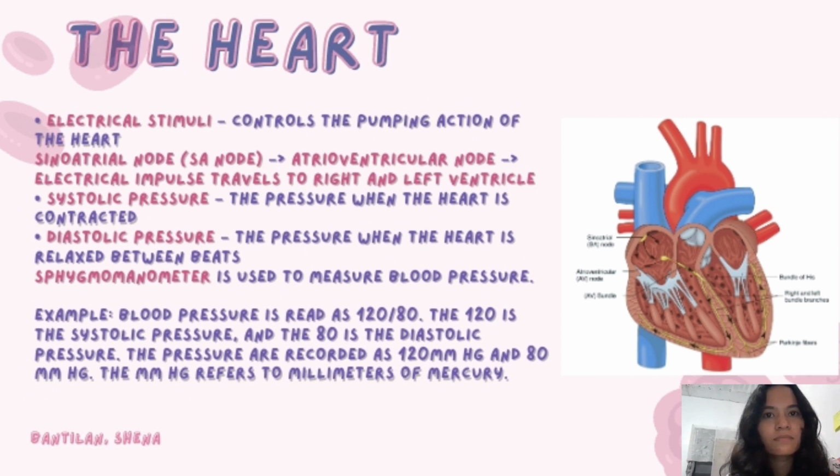For example, blood pressure is read as 120/80. The 120 is the systolic pressure, and the 80 is the diastolic pressure. The pressures are recorded as 120 mmHg and 80 mmHg. The mmHg here refers to millimeters of mercury.